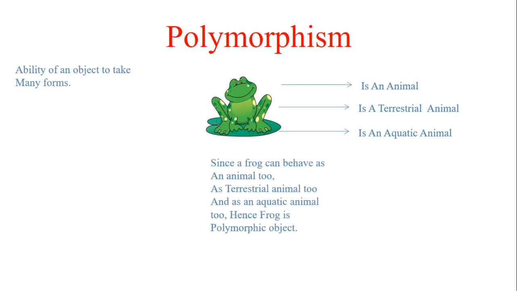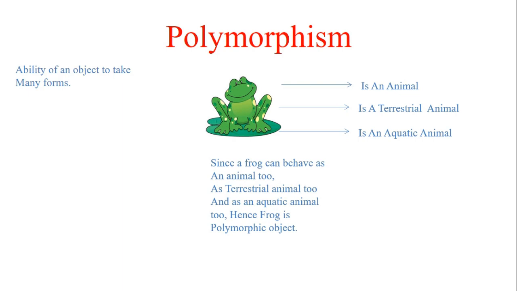So that is why we can say that a frog is a polymorphic object. Why? Because it can behave in multiple ways. So this was a real world example of polymorphism, which is a frog having multiple states, aquatic also and terrestrial also.